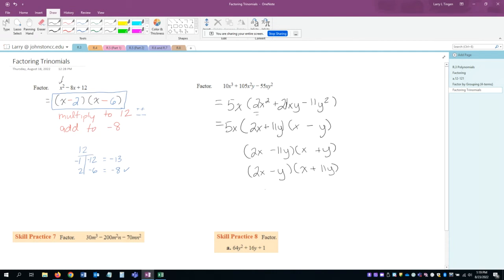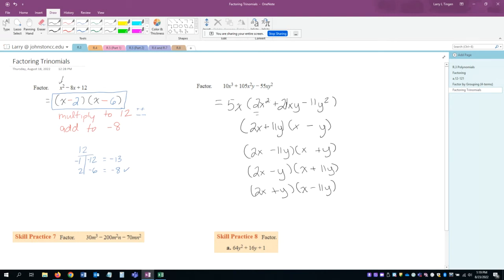Plus 11y or plus y, minus 11y. So which one of these gives me what I started with? Which one of these products, if I multiply, let's get rid of this for a second. And I'm going to nail it down to these.